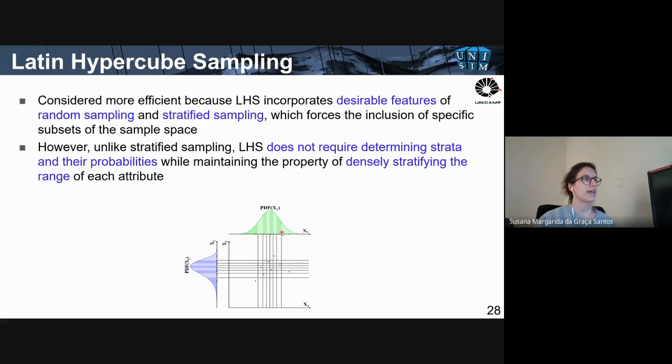So you can get a good coverage of your PDFs with much fewer samples than we do with Monte Carlo. So this is a very efficient method. Again, we can get efficiency by choosing our methods wisely. I have changed nothing here. I have just chosen a different method, and we'll be able to cover my scenarios much better.